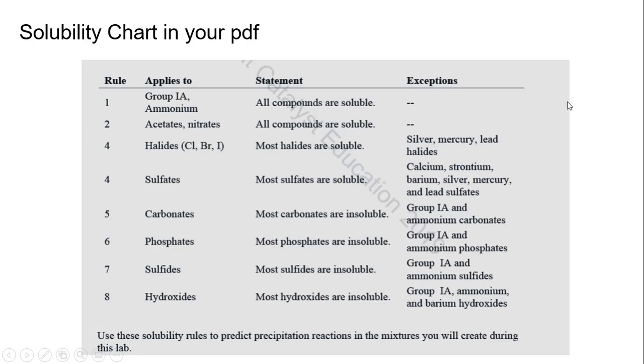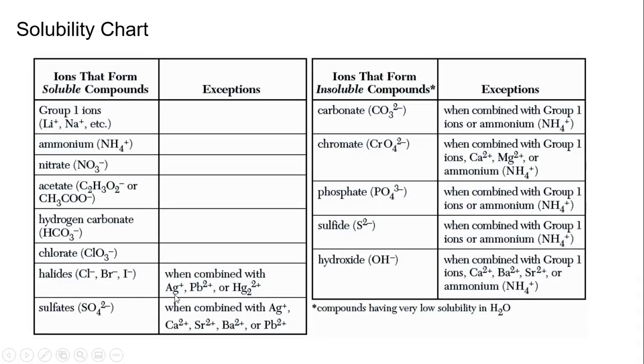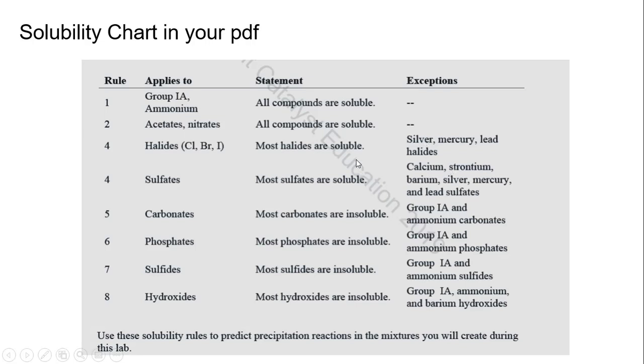This is the solubility chart listed in your PDF. I'm not a fan of this. It looks more simple. However, I have a problem with something here. If you see halides here, halides are soluble, except for silver, mercury, and lead, which matches this one. Underneath it is sulfates, which when combined with silver, calcium, strontium, barium, or lead, these are the exceptions. When you look at it here, which is also sulfates, calcium and strontium, is that listed with the halides or is it listed with the sulfates?